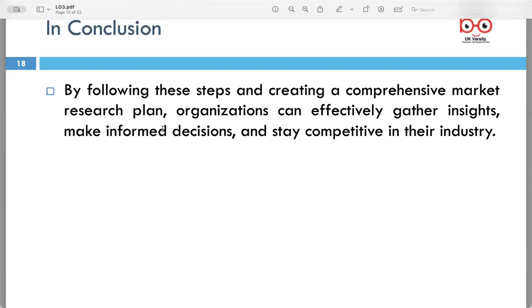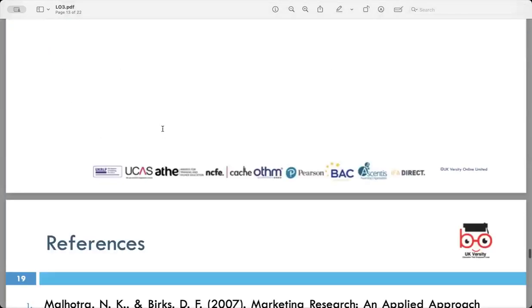A well-executed market research plan serves as a roadmap for organizations to navigate market dynamics, identify opportunities, and address challenges, ultimately contributing to their long-term growth and success.